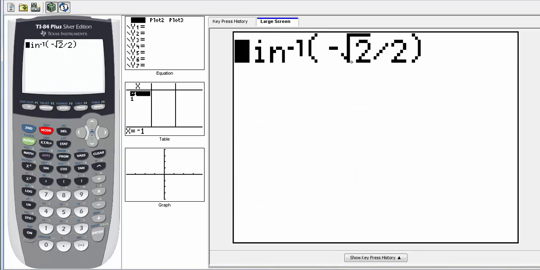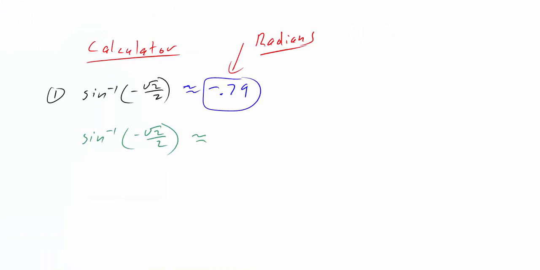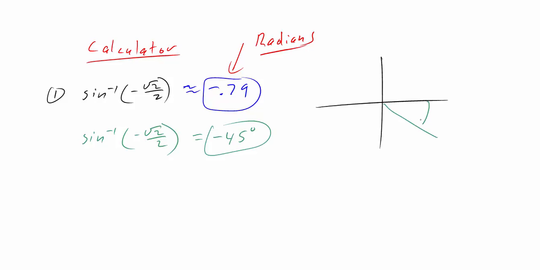and now we have this inverse sine of negative square root of 2 over 2, and I hit enter, we get an answer of negative 45. That's because here we are now in degrees, so this is equal to negative 45 degrees. And we know that if we were looking at our circle, this is negative 45 degrees, or equal to negative pi over 4, which is approximately the decimal negative 0.79.